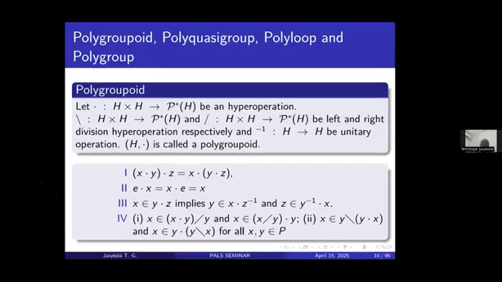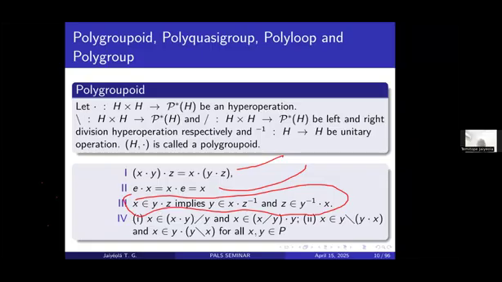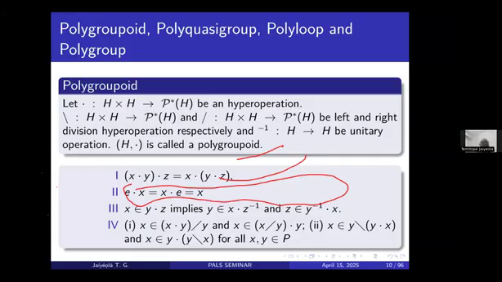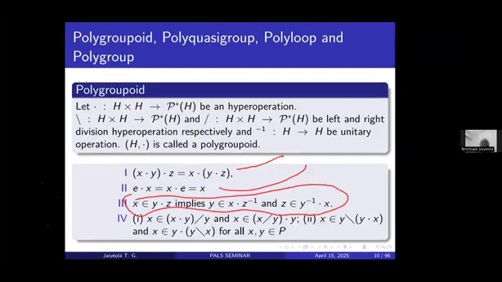For instance, if you critically look at this, this is associativity, existence of identity. If you restrict your hyperoperation to be a binary operation, then that third axiom takes care of the existence of an inverse element for each element in that particular structure. So that takes you back to our binary system.